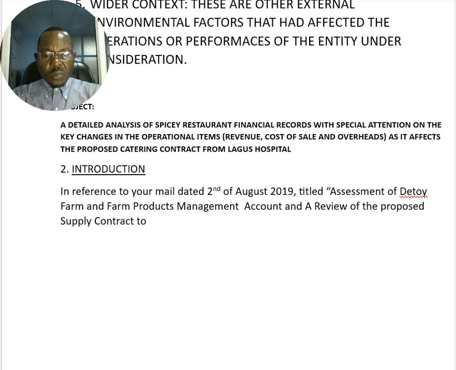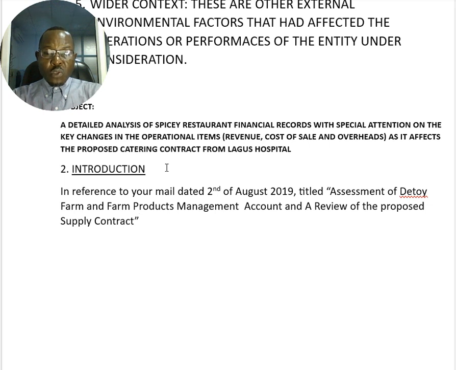I think it's better to just close it here at supply contract. Let's read again: an assessment of Detroit farm and farm products management account and a review of the proposed supply contract. If this is the way it's been given, put it.